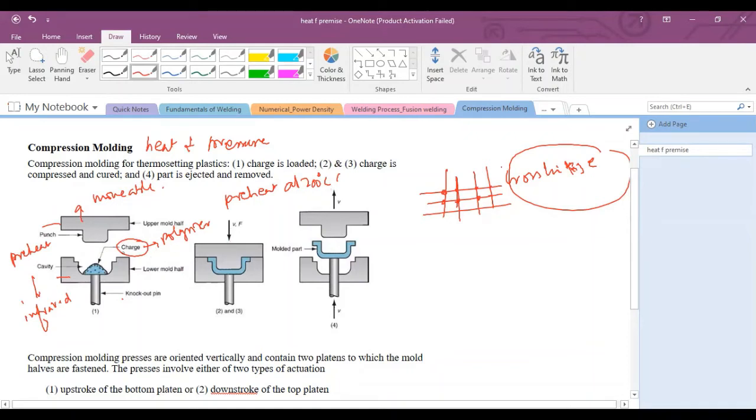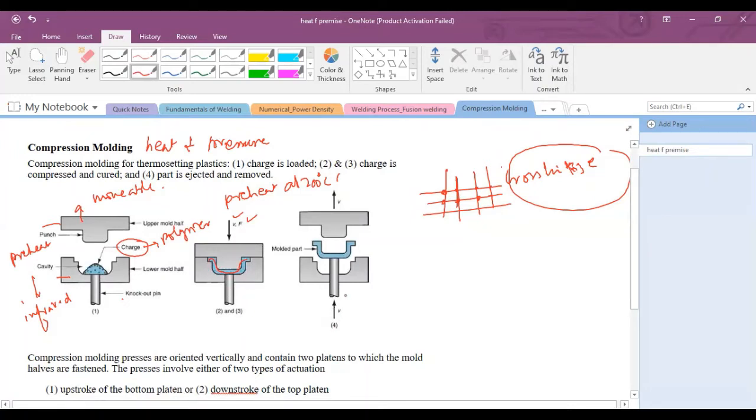The force is applied by moving the upper half of the mold with a certain velocity and force. When the force is applied to this charge, the melted polymer will occupy the shape of the mold cavity, or this polymer is filled into the mold cavity.